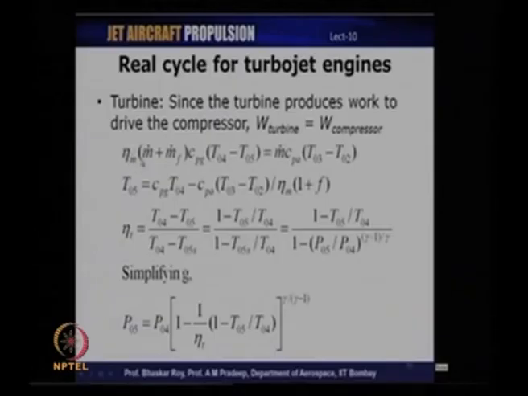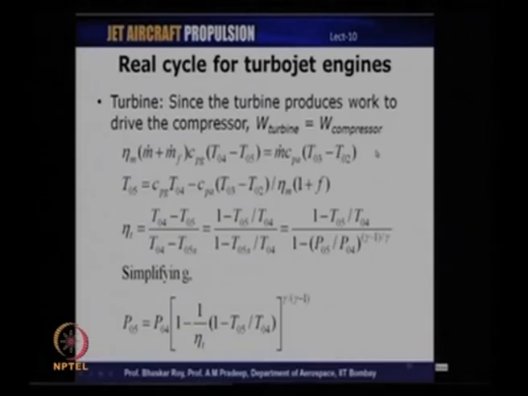So, mechanical efficiency multiplied by mass flow rate in the turbine, which is mass flow rate of air, m dot, plus mass flow rate of fuel, multiplied by Cp of the combustion product Cpg, multiplied by the temperature difference T04 minus T05, is equal to m dot, which is mass flow rate of air, into Cpa into T03 minus T02.